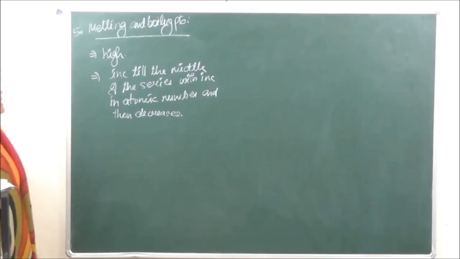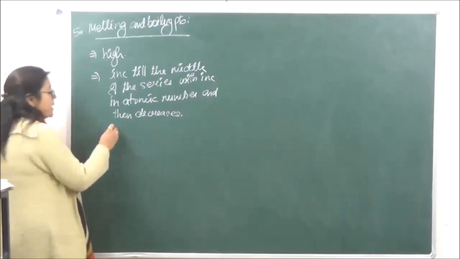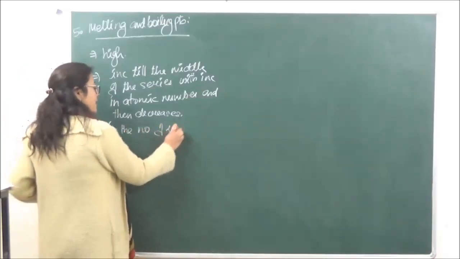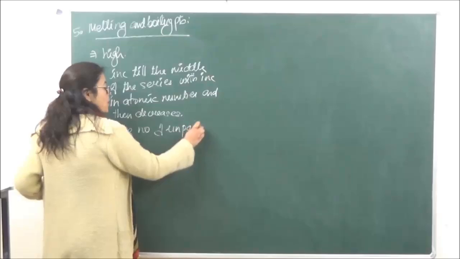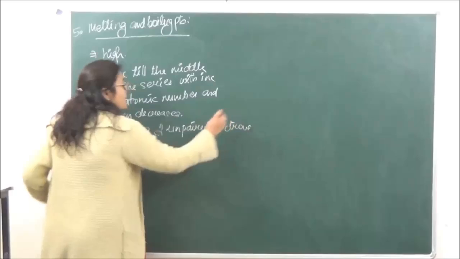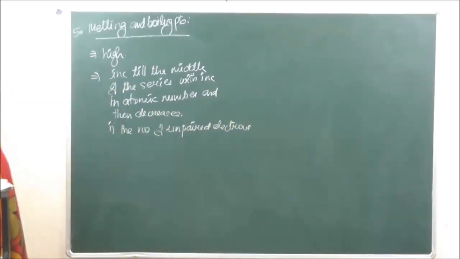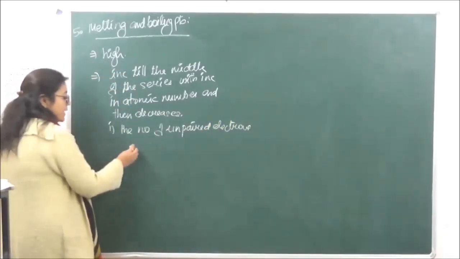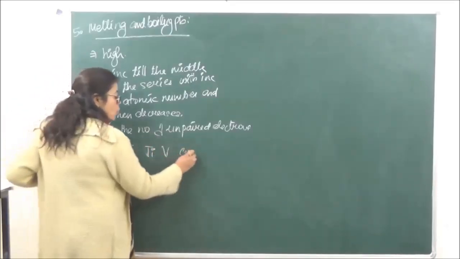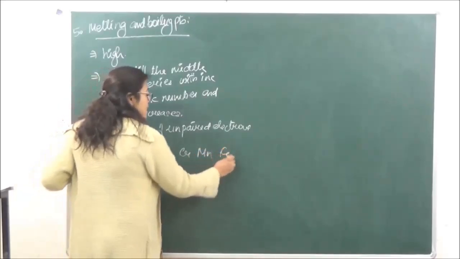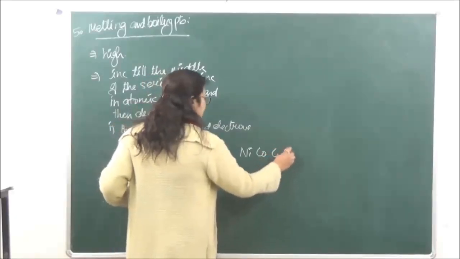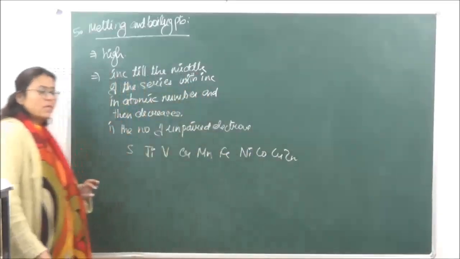It is seen that the melting and boiling points depend upon the number of unpaired electrons. Because these unpaired electrons are going to result in stronger bonding. Okay, so when we are moving from scandium, titanium, vanadium, chromium, manganese, iron, cobalt, nickel, copper and zinc, this is our first transition series.